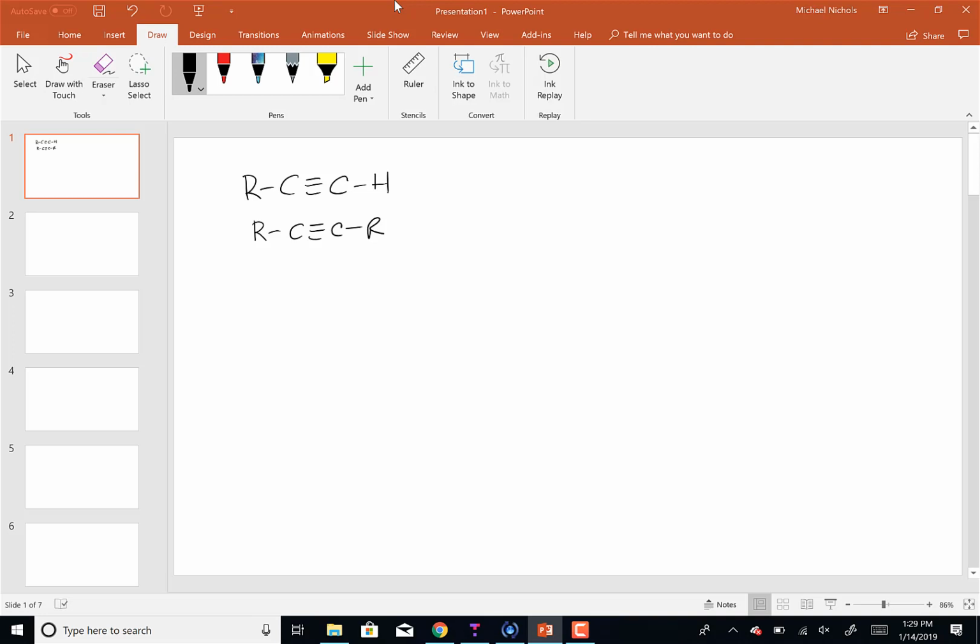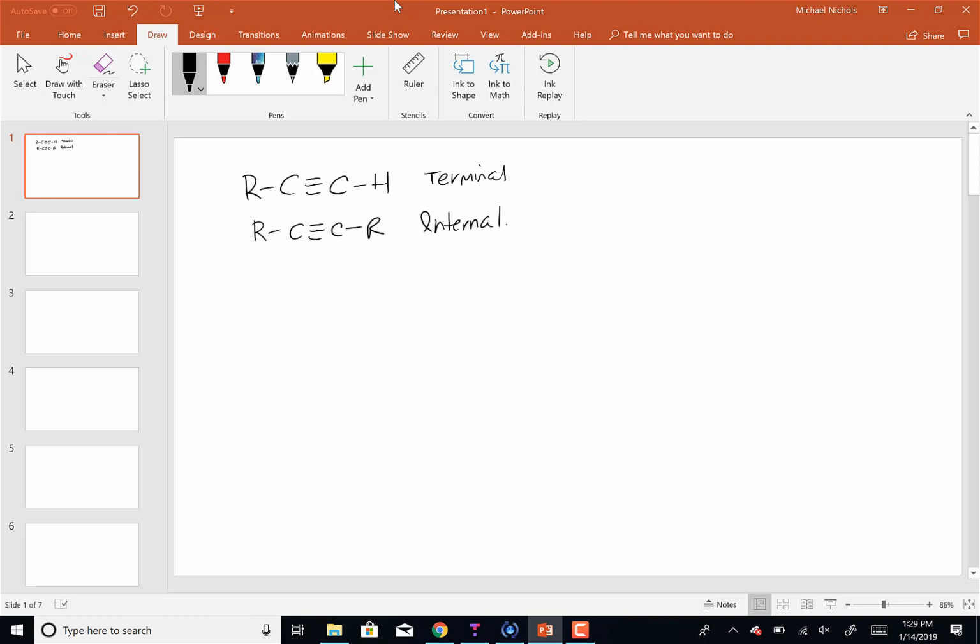When you have the triple bond at the end of the chain, that's called a terminal alkyne. And when the triple bond is not at the end of the chain, that's called an internal alkyne. That terminology could have been used for an alkene as well, but it's definitely used for triple bonds.